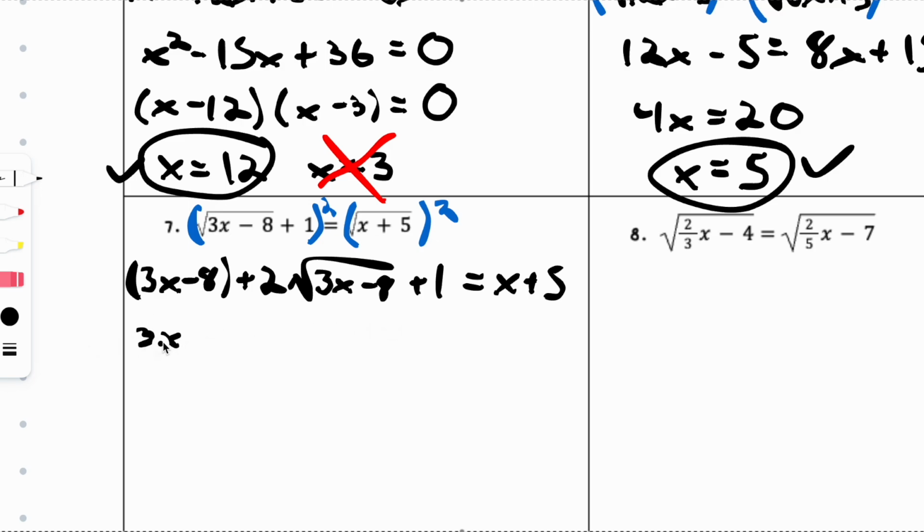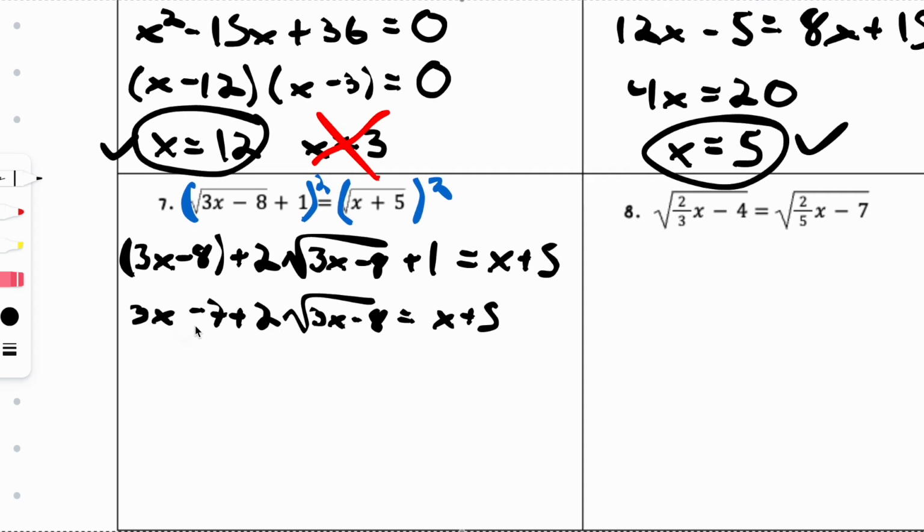So we get 3x minus 7 plus 2 root 3x minus 8. That's equal to x plus 5. So I'm going to move these x's and this 7 to the other side. So I subtract 3x from both sides.